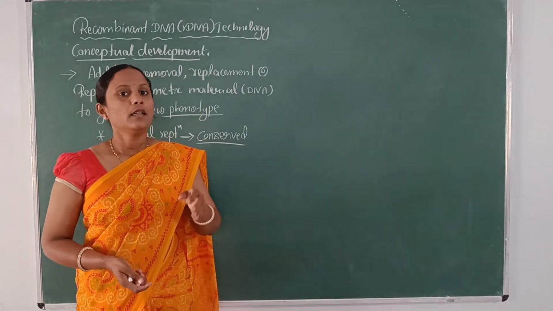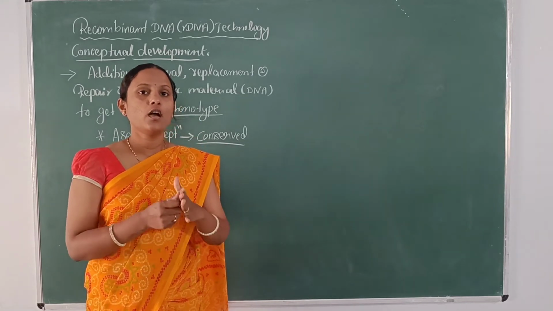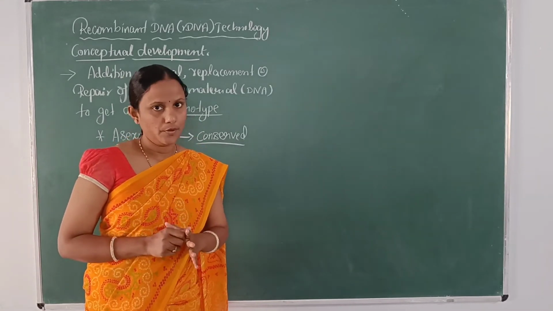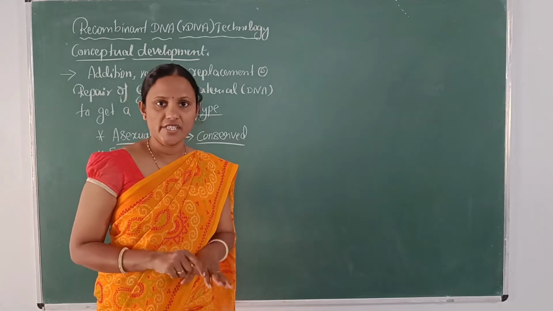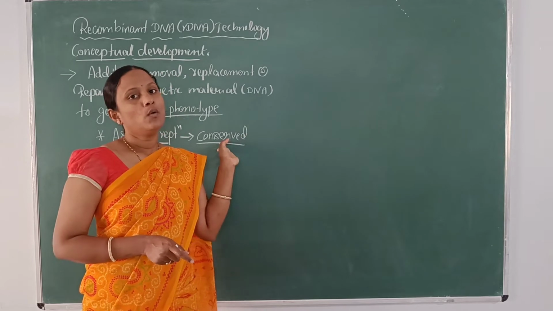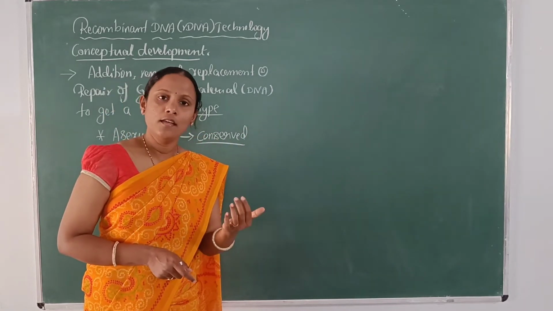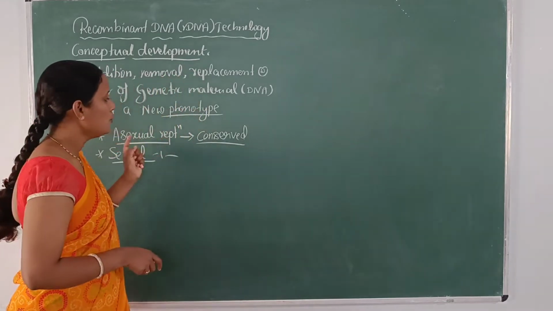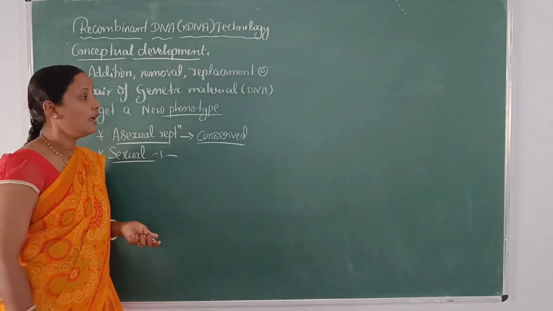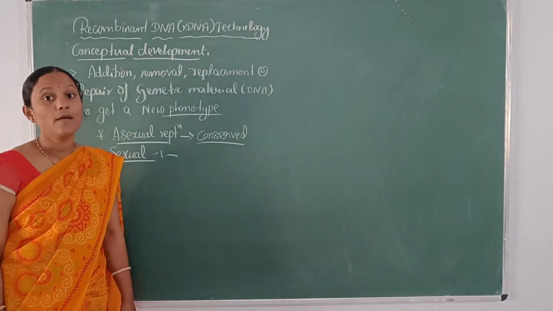We know that there is no change in the characters in asexual reproduction. Genetic material will not undergo change, because there only the somatic cells are involved in the reproduction. Hence, there is no change in the genetic material. So, there is no chance for this in asexual reproduction.